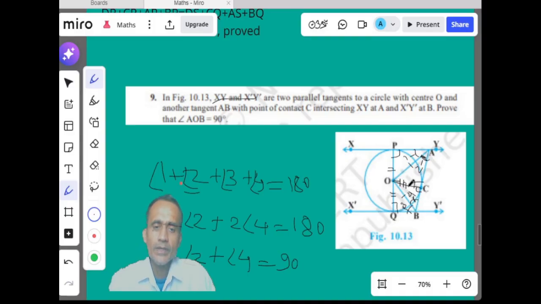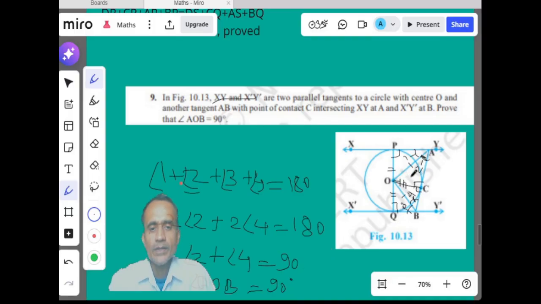So angle AOB in triangle AOB is equal to 90 degrees. Why? We use the angle sum property of a triangle.